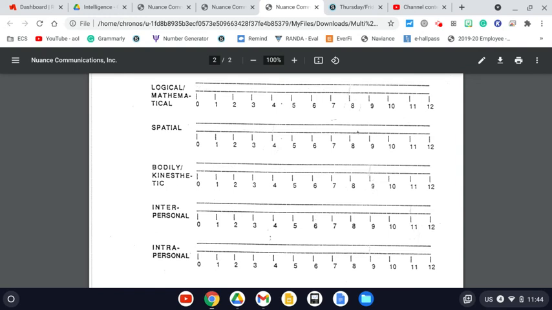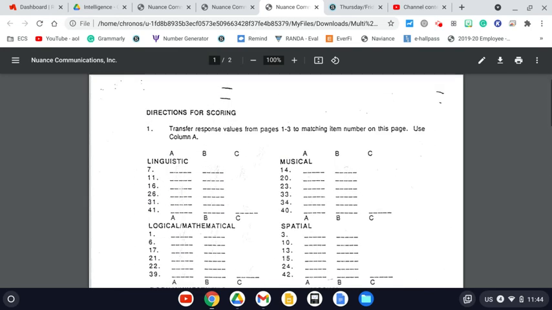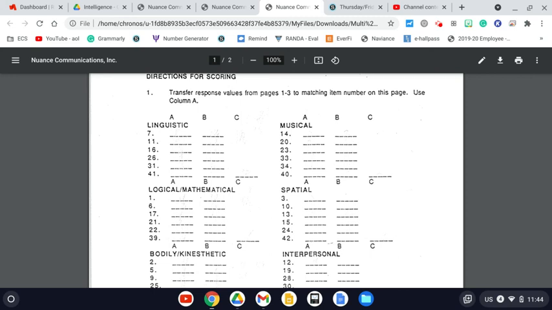You may have a primary intelligence. Let's say it was spatial. But then you have a tie for second, and it's bodily kinesthetic and interpersonal. That can happen. A lot of this happens because we are still in our development stages, especially at your age, of figuring out who we are and what our strengths and weaknesses are.